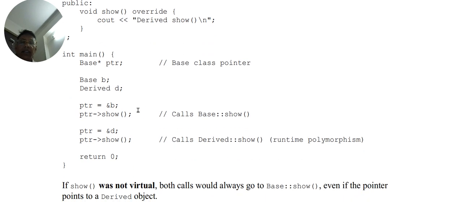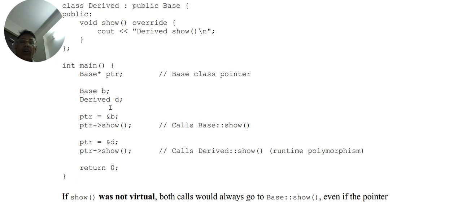So here we can see that at runtime, not at compile time, we are accessing different functions. It is not pre-decided at compile time; rather, at runtime sometimes it is accessing through the base object, and sometimes through the derived object.